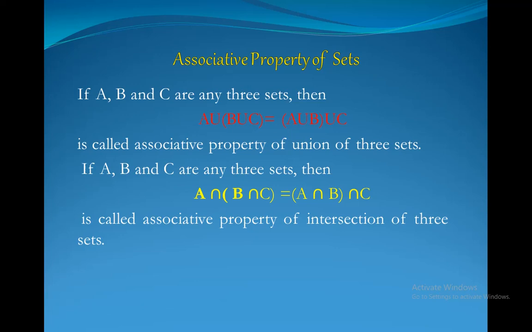Students, you can notice that on the left hand side the second and third sets are within brackets, whereas on the right hand side the first and second sets are within brackets. Moreover, the same symbol is operated on both sides: the union symbol for union, and the intersection symbol for intersection.